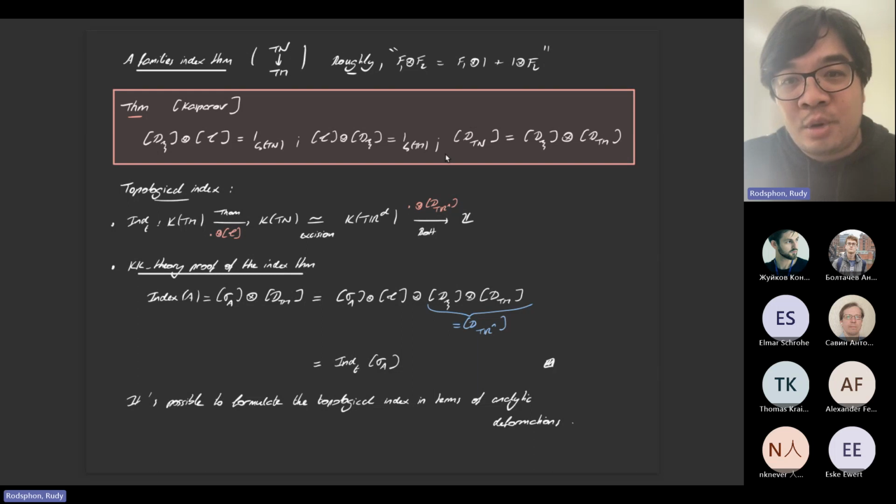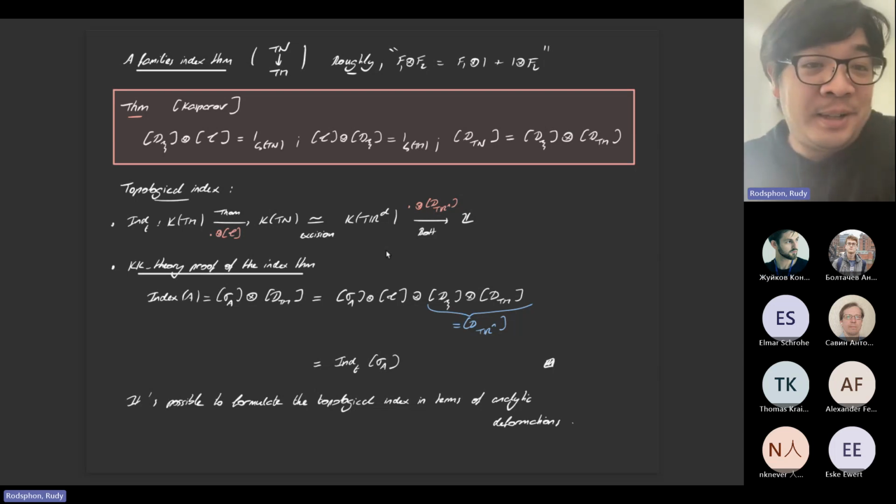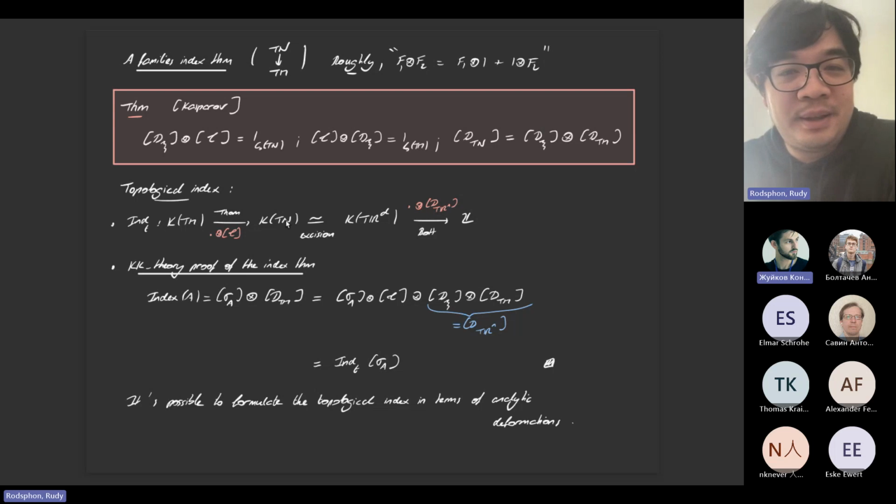So D of Tn, the whole Tn, is the product on the base and the product on the fibers. And from there, the topological index of Atiyah and Singer, you can formulate that with just these products. So it works this way. For the topological index of Atiyah-Singer, you have K of Tm to K of Tn by the Thom isomorphism described before.